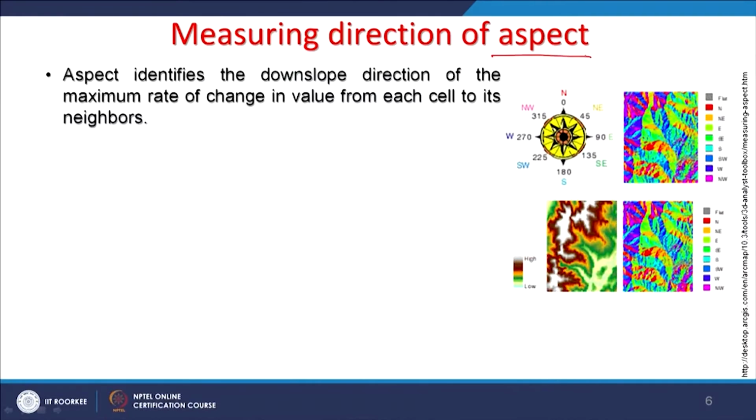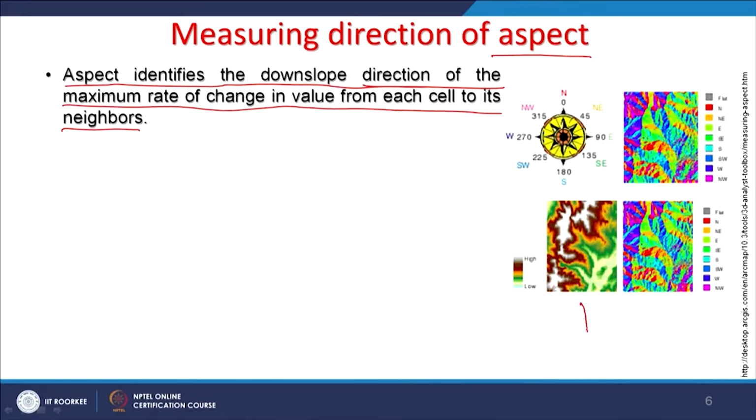So, this aspect, for which you require input as a digital elevation model or DEM, as you know, aspect basically identifies the downslope direction of the maximum rate of change in value from each cell to its neighbors. So, if it is a sloping surface, then what is the orientation of the sloping surface or direction with reference to north, and that is what aspect is.